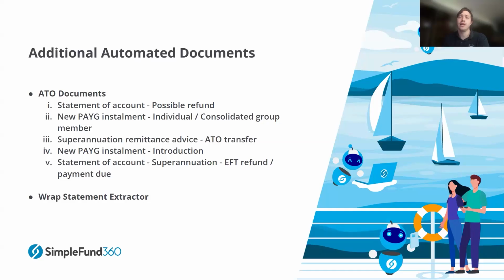On the screen here, we've just got the 5 most common documents that we've received from the ATO. If you're interested in automating that process, meaning you don't need to log into the ATO portal to receive these documents, and you'd rather just have them appear in Simple Fund or Simple Invest, you need to enable ATO documents, and I'll show you how to do that later on.